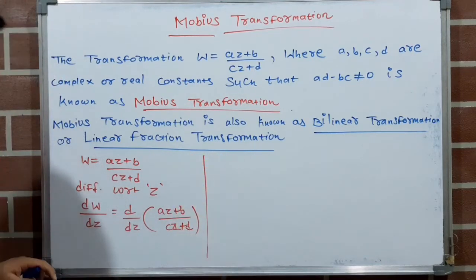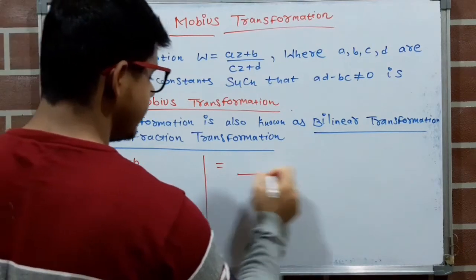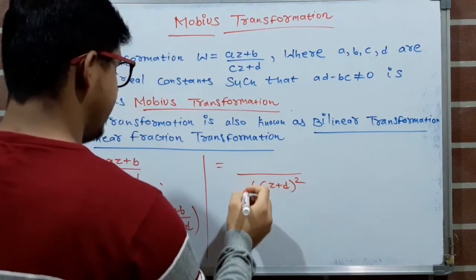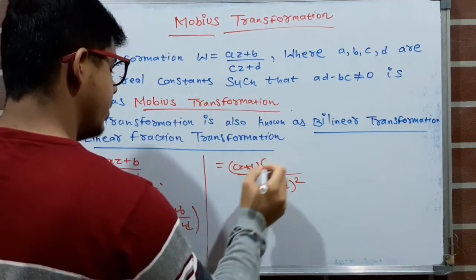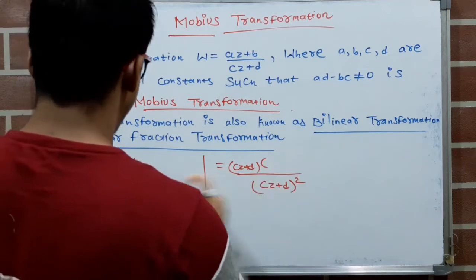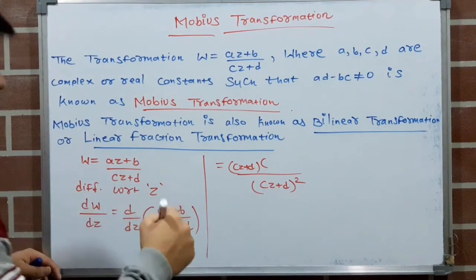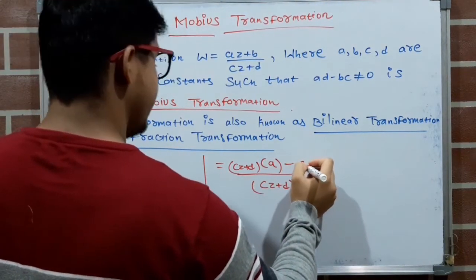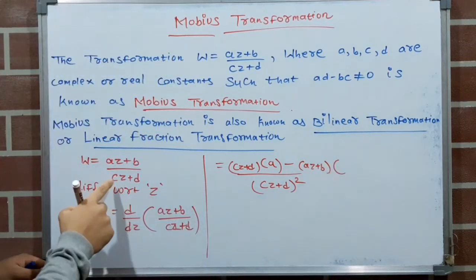According to the division rule, we get cz plus d the whole square in the denominator, and in the numerator cz plus d into the derivative of az plus b, which is a, minus az plus b into the derivative of the denominator.